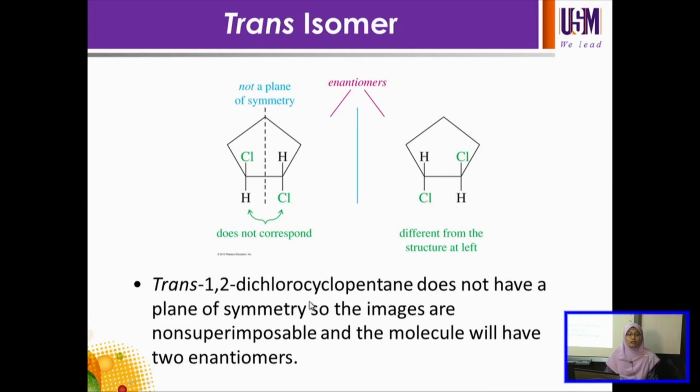So trans-1,2-dichlorocyclopentane does not have a plane of symmetry, the images are non-superimposable, and the molecule will have a pair of enantiomers. So most cis isomers are achiral, while trans isomers are chiral molecules.